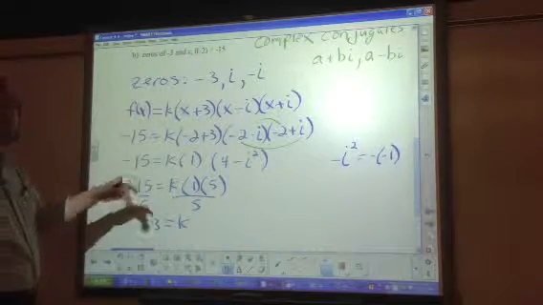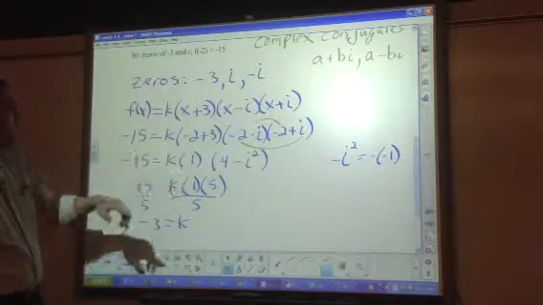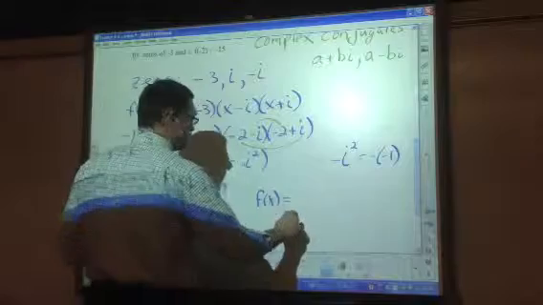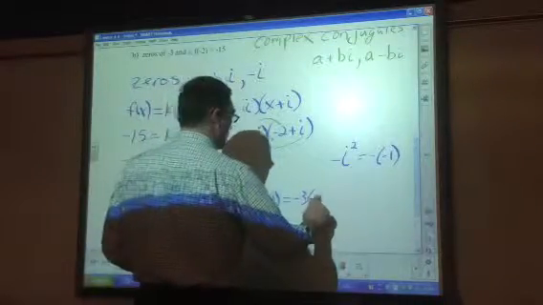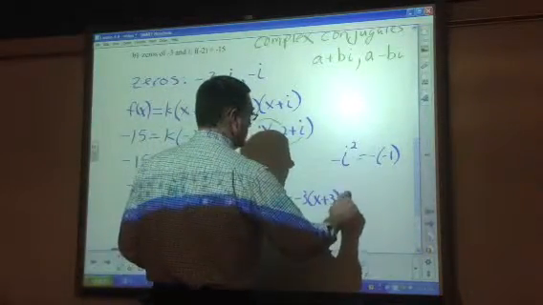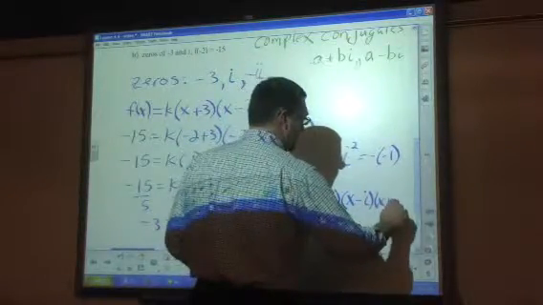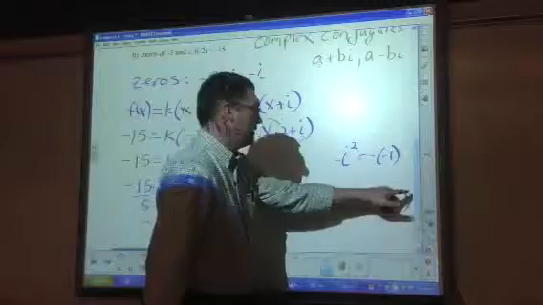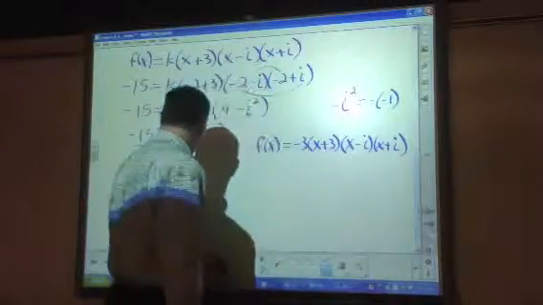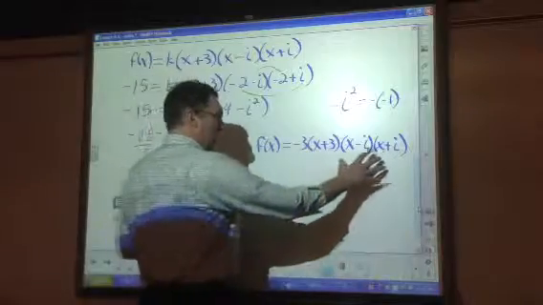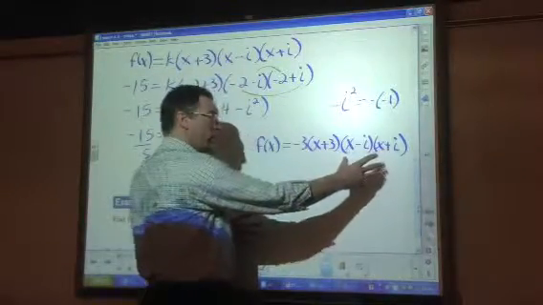So our answer here would be f of x equals negative 3 times (x plus 3) times (x minus i) times (x plus i). And when I actually multiply this out, this part here is the difference of 2 squares again.